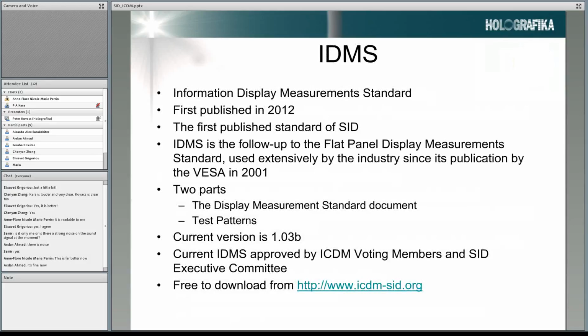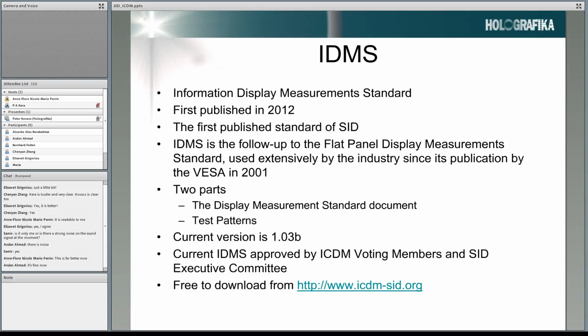So the display measurement standard itself was first published in 2012. And as I said, SID is quite a newcomer in terms of standardization, because this is the first standard which was published by the SID. So the IDMS is the follow-up of a previous display measurement standard, which was called the Flat Panel Display Measurement Standard, which was originally created by VESA.